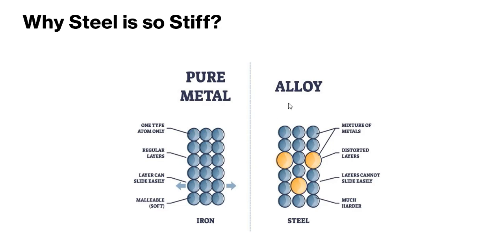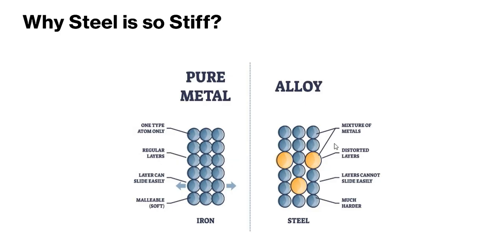If it is an alloy, the atomic structure of that alloy will be different, so the bonding will be more. In iron, only one type of atoms will occur, so the layers will be regular and the layer pattern will be regular. So obviously the system will be soft.